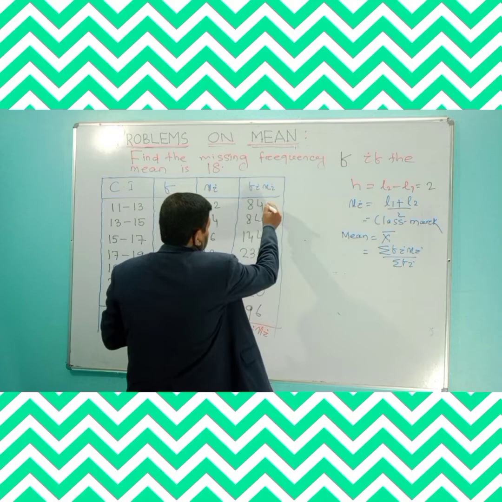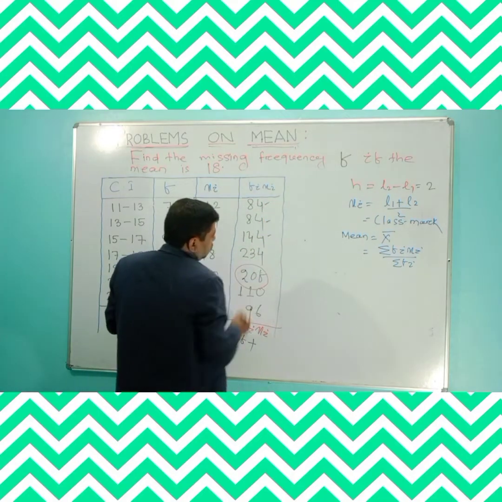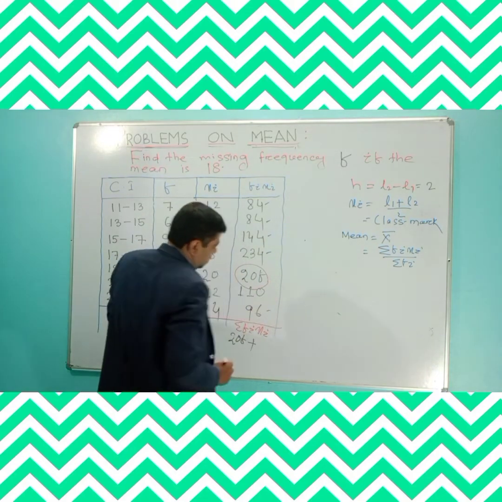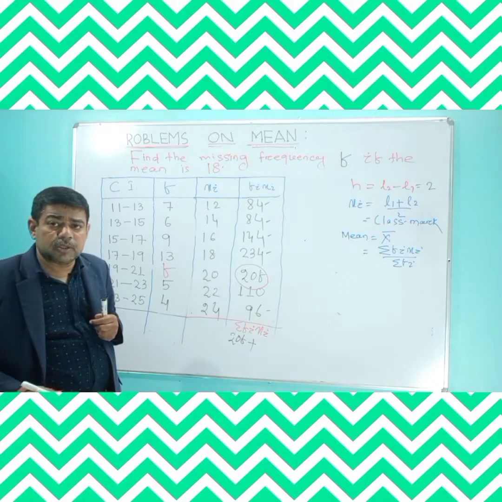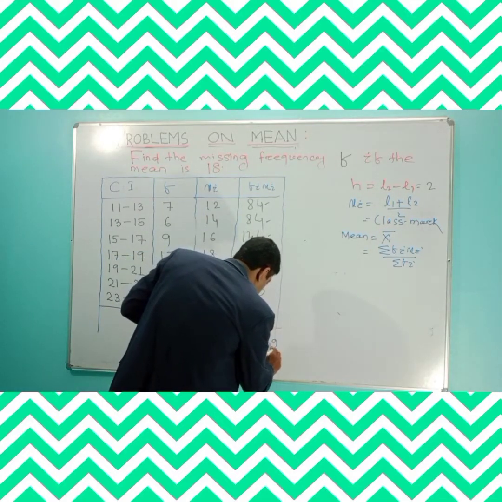See now, 4 plus 4 is 8, 8 plus 4 is 12, 12 plus 4 is 16, 16 plus 6 is 22, write 2 carry 2.